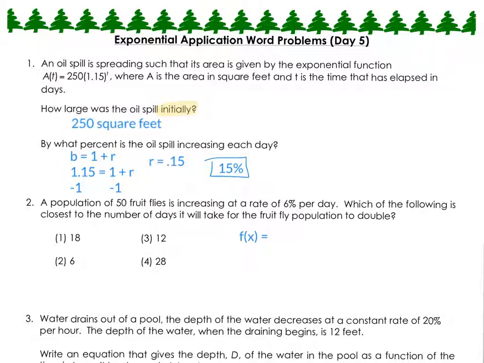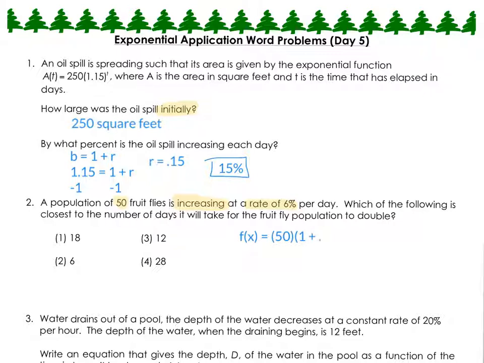So the population, well, initially it's 50, so I'm going to put that in as my a value. It's an exponential growth. I know that because it's increasing at a rate of 6%. So that rate of 6% increase, that's what tells me that this is an exponential, and more specifically an exponential growth. And I know that it's 50 initially. So my function then can be finished off by putting in 1 plus, since it's a growth, and again I know that because it says it's increasing.